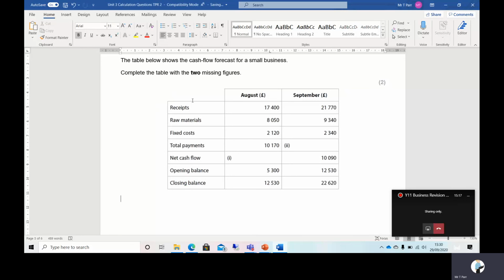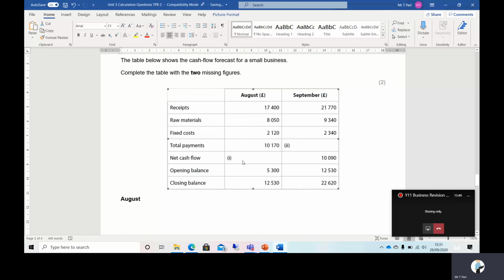So what we're trying to work out is our net cash flow. I'll tell you what I'll do, I'll just do August. Raw materials, well, that's going to be an outflow. It's going to be a cost because you have to pay for it. And your fixed costs is stuff like rent and that sort of thing, insurance. So you can see on this cash flow forecast, our total payments here, 10,170, is actually your raw materials plus your fixed costs.